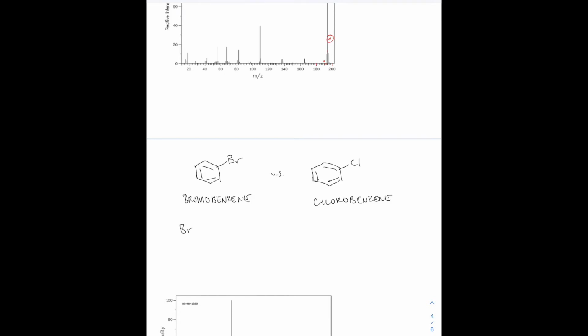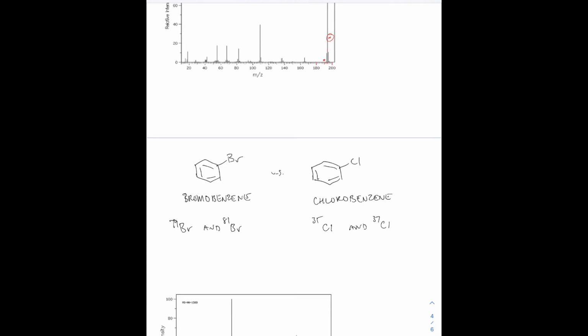Bromine, what is it again? 79, and bromine 81, and then chlorine 35 and chlorine 37 also have a pretty large, definitely a substantial amount of each of these isotopes. And for bromine 79 and bromine 81, it's approximately a 50-50 mixture. Okay. And so that means that we will have something called an M+2 peak.